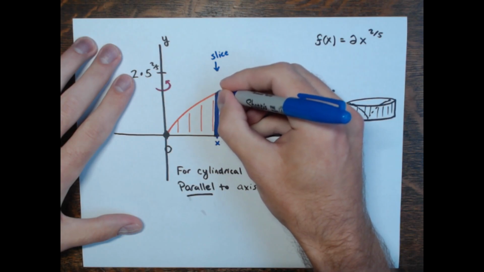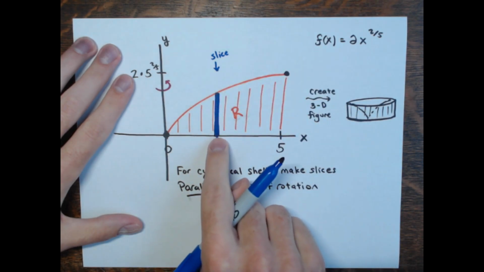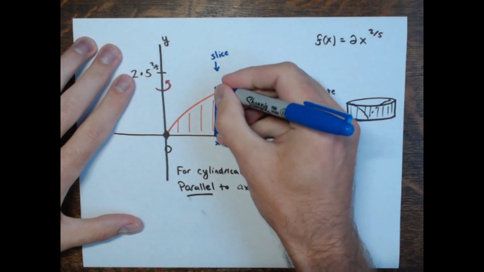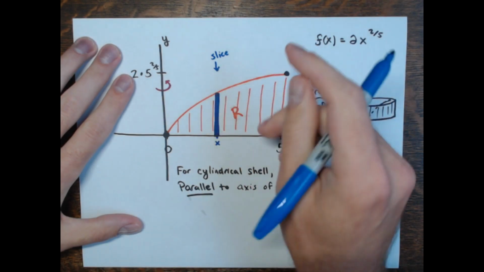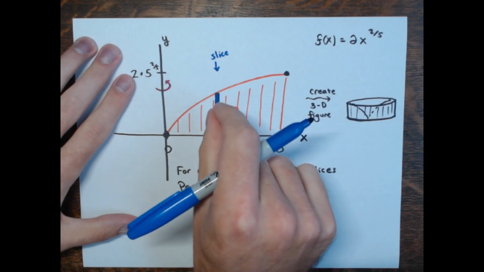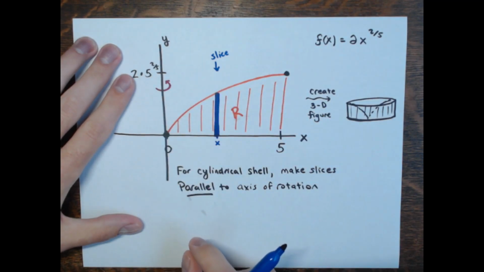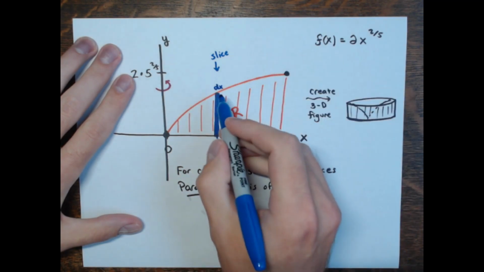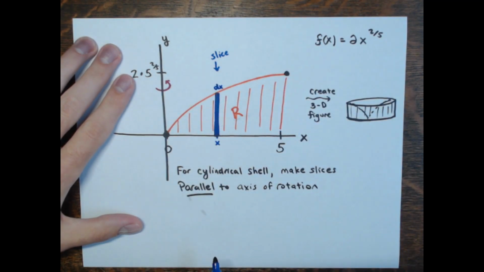The thickness of this rectangle is some little horizontal change in the x value, which you could call delta x. But because we're going to have delta x approach 0, that'll become infinitesimally small, so I'm just going to call the thickness straight up dx.